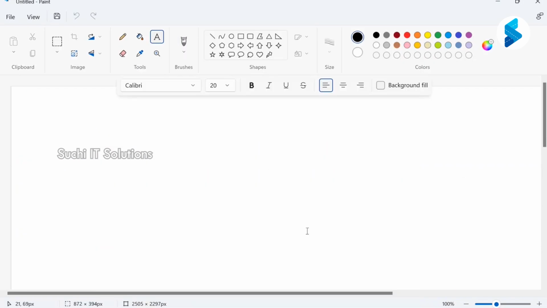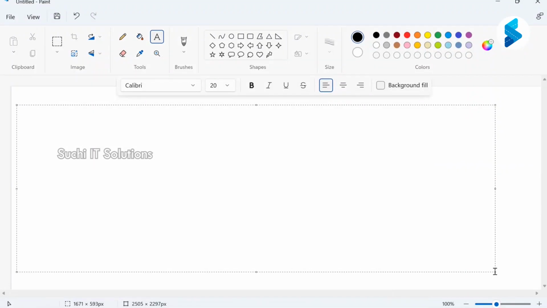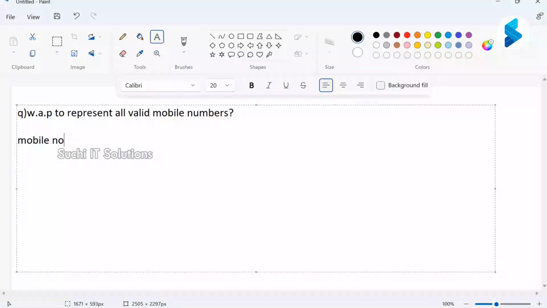Now, write a program to represent all valid mobile numbers. Right. So the rule: a mobile number contains 10 digits. The first digit should be 7 to 9, like this.